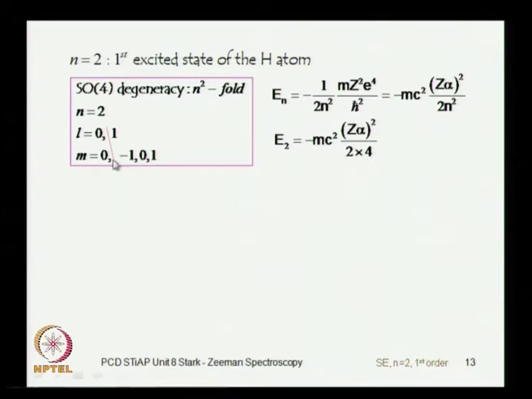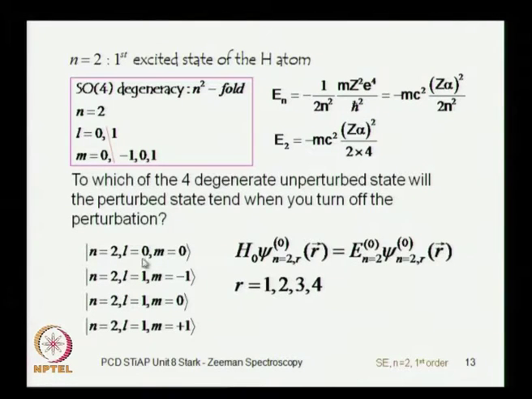So, you have a total of 4 degenerate states here for n equal to 2, and these 4 states are written out over here. So, for n equal to 2 you have 1 coming from L equal to 0, which is the 2s, and 3 coming from L equal to 1, which are the 2p states, with m equal to -1, 0 and +1. So, these are the 4 states, and all of those 4 states, for r going from 1 to 4, they all belong to the same eigenvalue, which is the unperturbed eigenstate corresponding to n equal to 2. Okay. So, they are all degenerate.